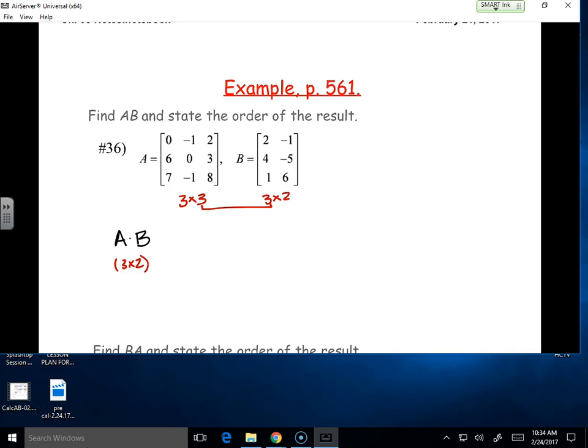1, 1, 2, 3. All these steps. But the answer is... 2 plus 3.